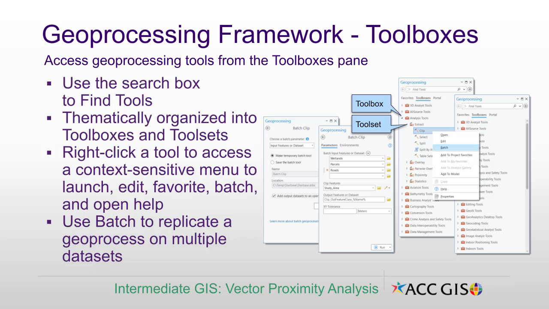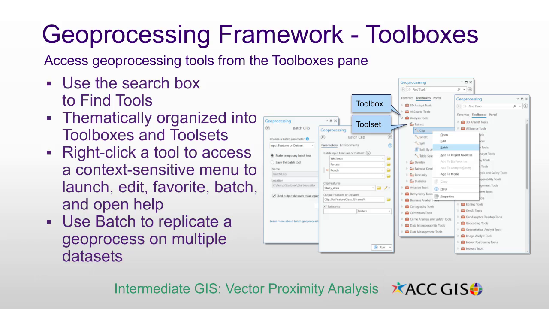I can right-click any tool to access a context-sensitive menu to launch, edit, favorite, batch, and open help for a geoprocessing tool. And then one thing I really like about the context-sensitive menu is the ability to use batch. And what batch does, it allows you to replicate a geoprocess on multiple data sets. If you look at the example on the right, I've right-clicked on clip and selected batch, and that opens up geoprocessing batch clip, in which I can pick which parameter I want to change each time.